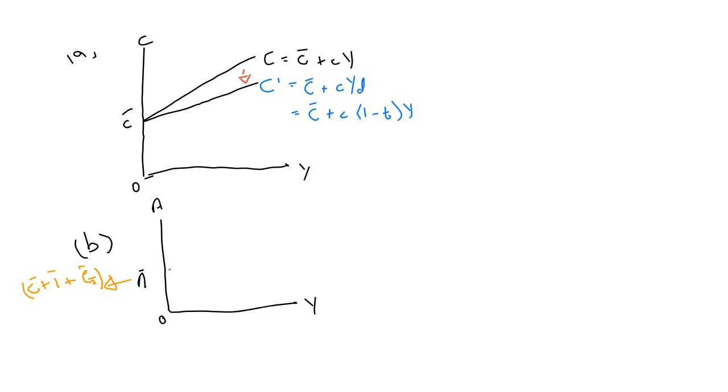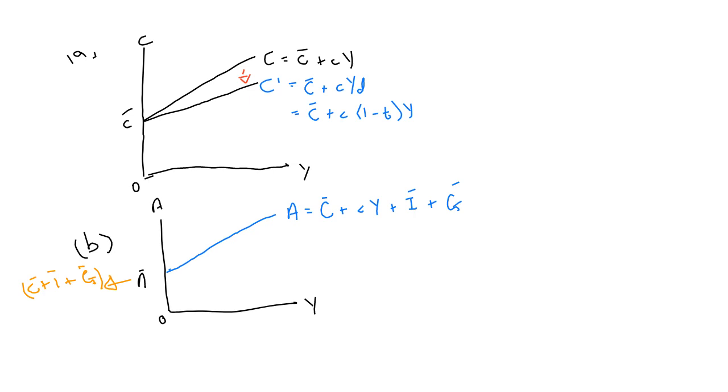That is then A equals autonomous level C plus CY plus I bar plus G bar.